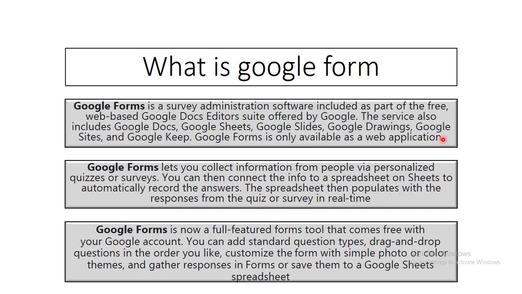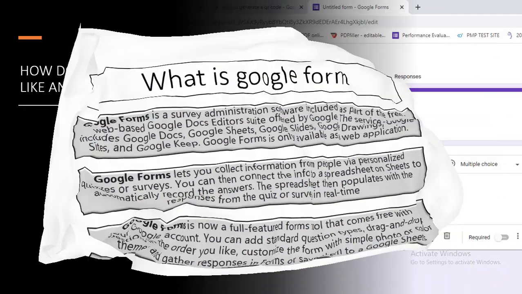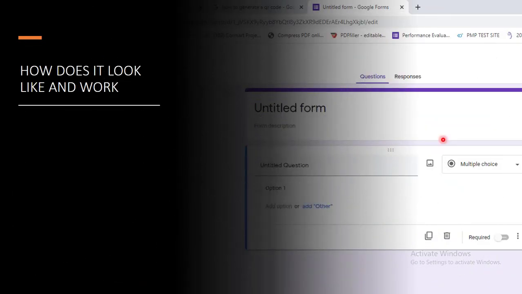Basically, you are able to get a lot of data at the back end of a Google form that you can export to your Excel sheet, and a lot of analytics are even available from the back end of the Google form for you to analyze and interpret your data. So how does Google Form work?